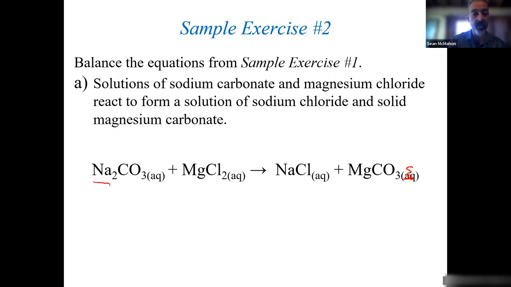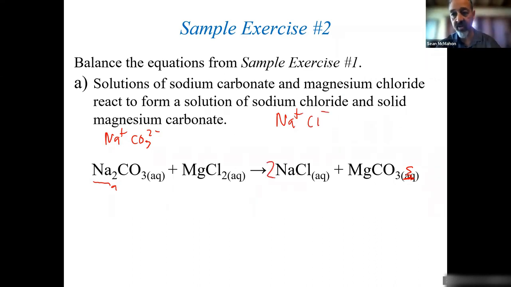There's 1 or 2 sodium right here because of that subscript. Why 2 sodium? Because if you remember, sodium's plus 2, carbonate was 2 minus. I need 2. But I don't want to change the subscript here and make that an Na2Cl because this is a 1-to-1 ratio. So what do I do? I put a coefficient of 2.